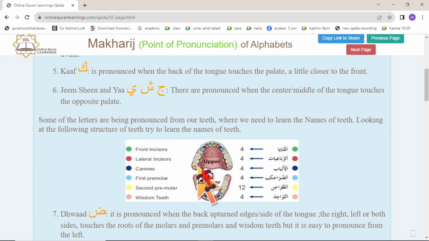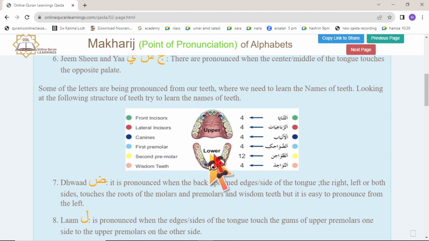The second premolars are the fourth last teeth from the back end. Upper teeth and lower teeth both follow the same arrangement.